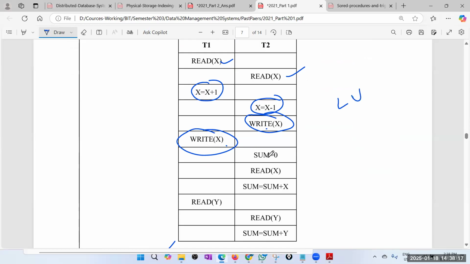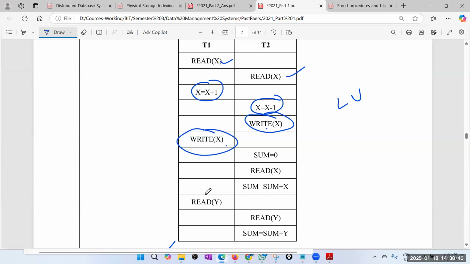Then sum is initialized. You again read X. Why do you want to read X again? You have already read X, but for some reason it's read again. Then you add X to sum.